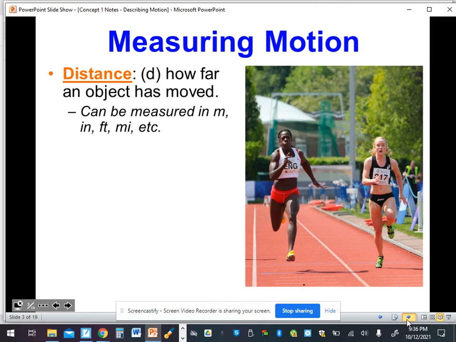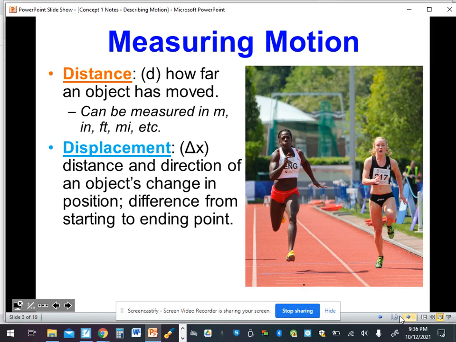All right. Now, another way that we can measure motion is how far are you from where you started? Okay. So how far are you from where you started? That is going to be the definition for displacement. So this is our next word.